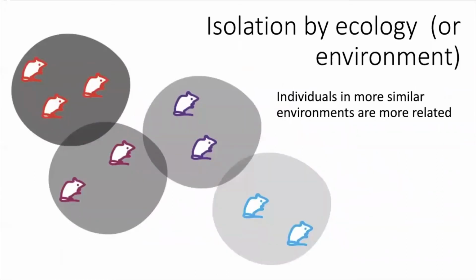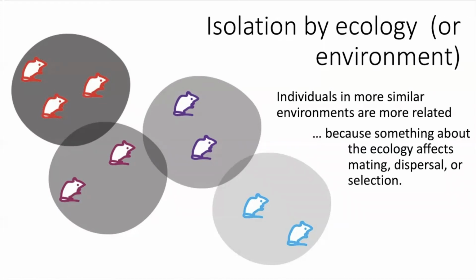But there can also be isolation by ecology or environment. This is kind of a catch-all set of terms to describe any situation in which individuals in more similar environments are more related to each other, or individuals on the same side of some discrete environmental variable are more related to each other.